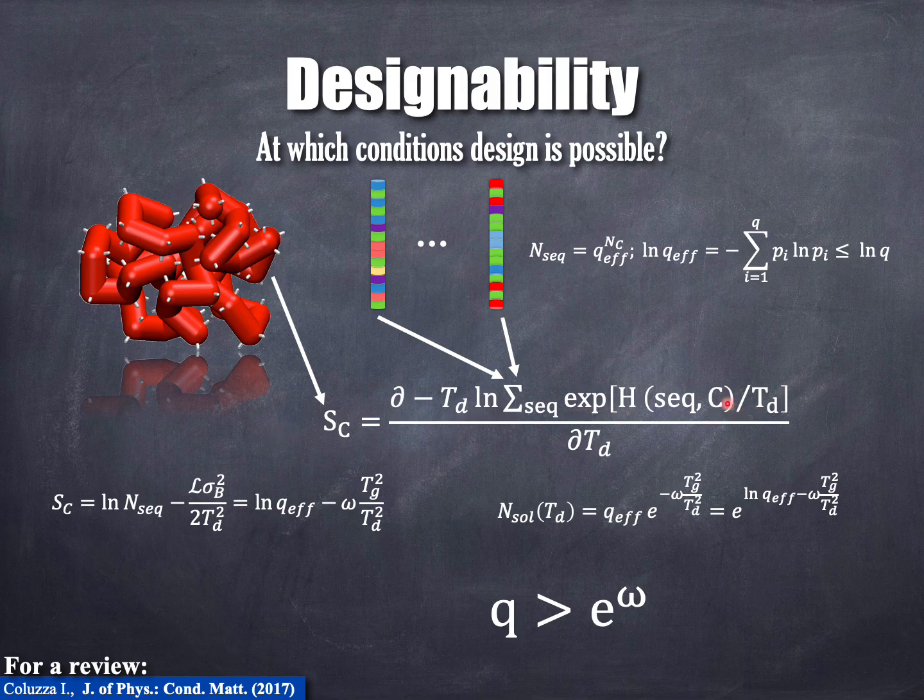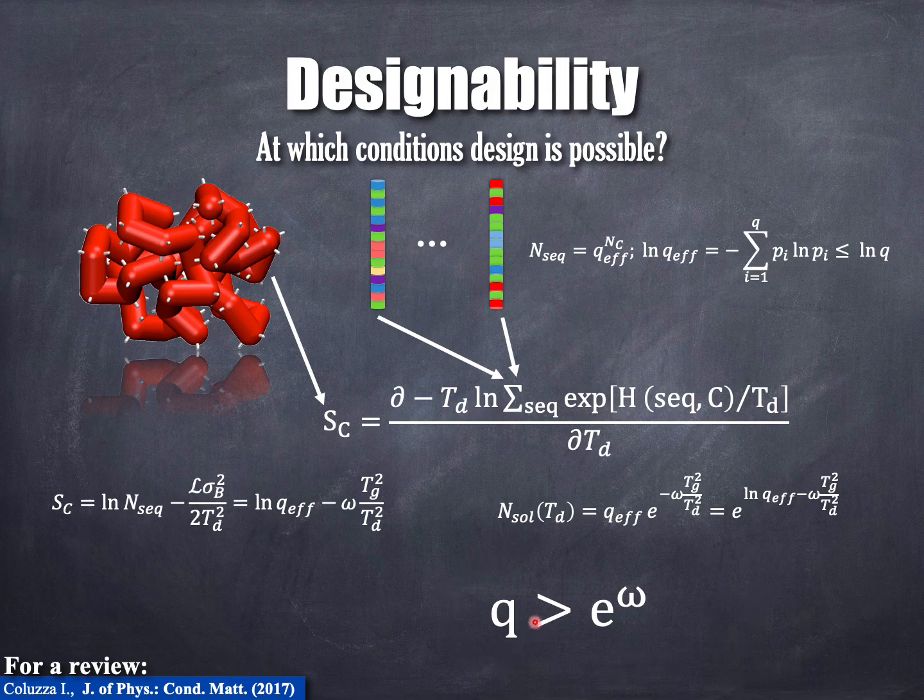So if you express this sum now and you calculate the derivative, you find out that the entropy is nothing else than the logarithm of the total number of sequences that you can place there minus this quantity. Of course, we have assumed, thanks to the mean field model, that you can thread any sequence on top of any specific configuration. Now, if you accept this hypothesis, then you end up with this expression that is one of the strongest predictions of the mean field theory.